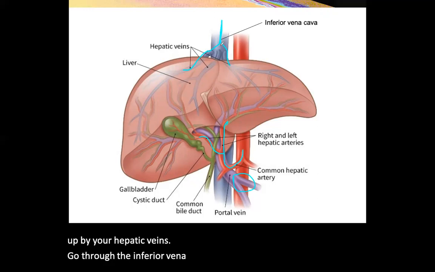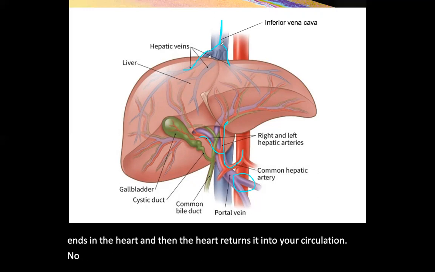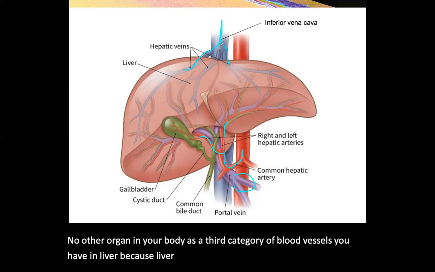If you recall, the inferior vena cava ends in the heart, and then the heart returns it into your circulation. No other organ in your body has a third category of blood vessels like you have in the liver, because the liver is responsible for detoxing material as it comes into your body.